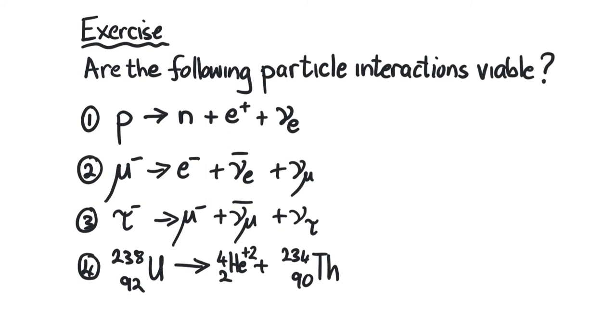Now, up to this point, we have been representing these interactions in very simplistic terms. Here it's a little bit different, because here we are giving you particles that are not elementary particles, and we are giving you their mass numbers and their atomic numbers, and you need to make use of those numbers in order to determine what is happening with the protons and the neutrons.